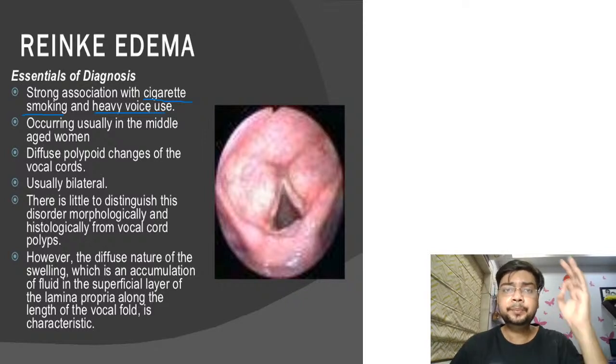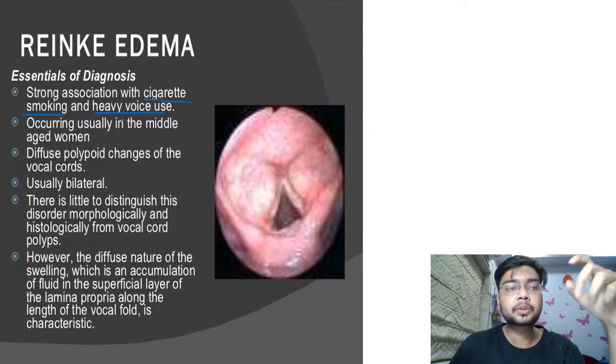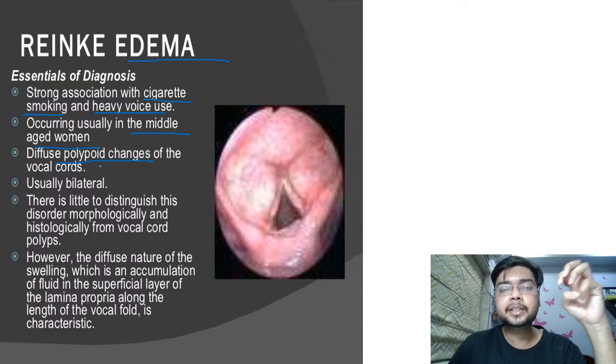So patients who are cigarette smokers and have chronic voice use can get this Reinke's edema, and it is occasionally seen in middle-aged women, where diffuse polypoidal changes occur in the vocal cord due to collection of fluid in Reinke's space.